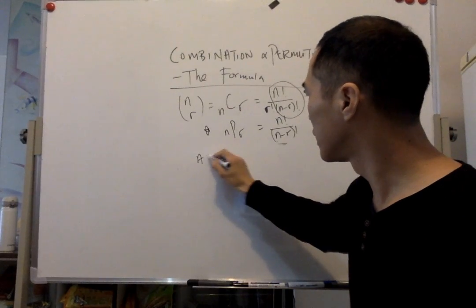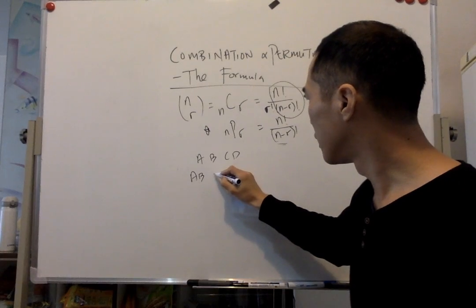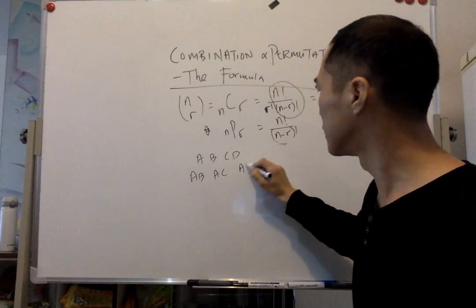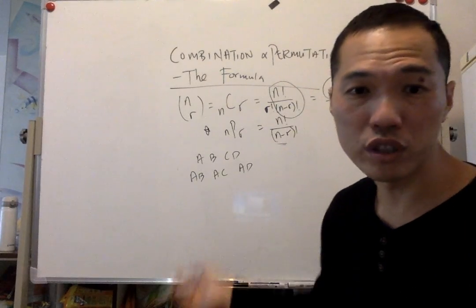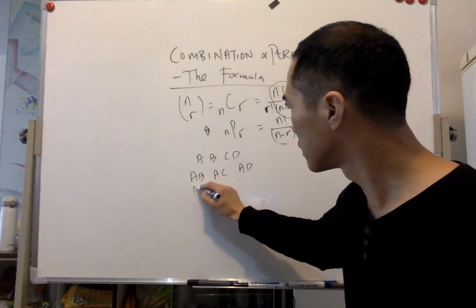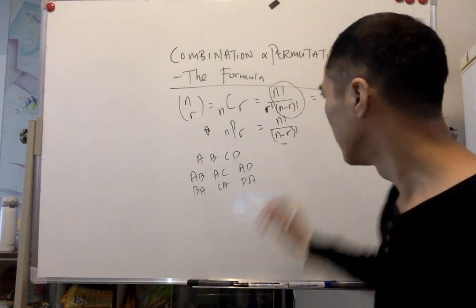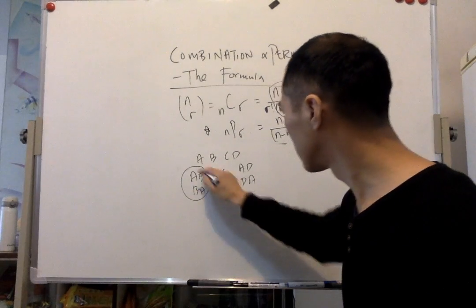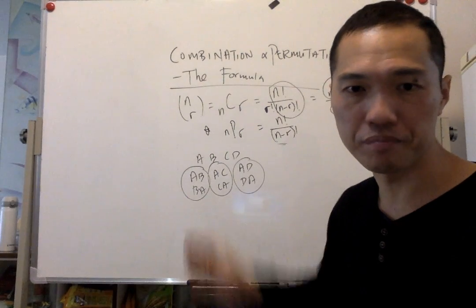Let's say A, B, C, D. I pick any 2: AB, AC and AD. If you do combination, the order is not important, remember? If I do permutations, then order is important. So here, BA, CA, and DA. The order is important. So combination is 3 groups, and permutations is 6 of them.